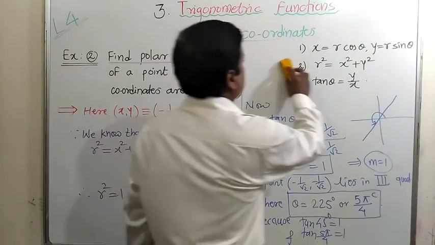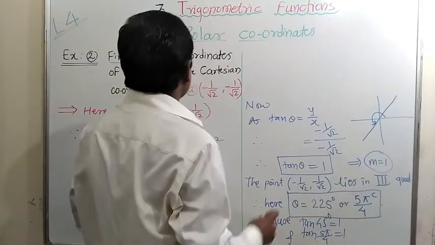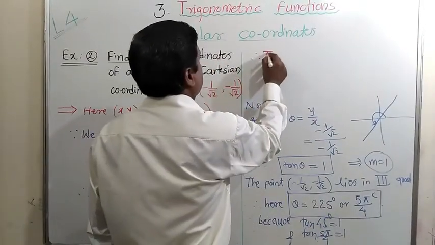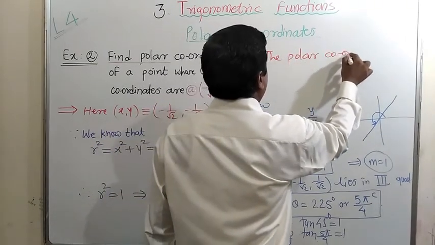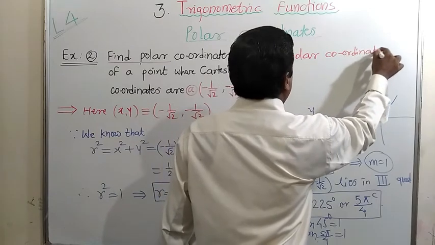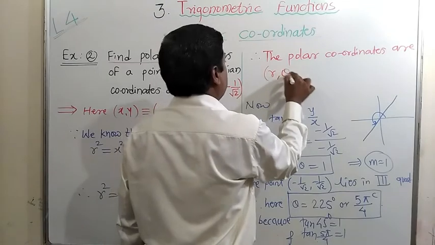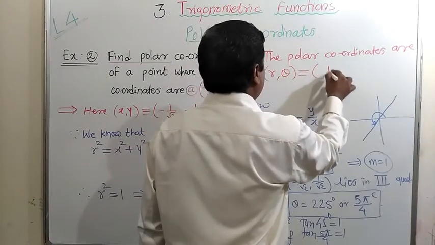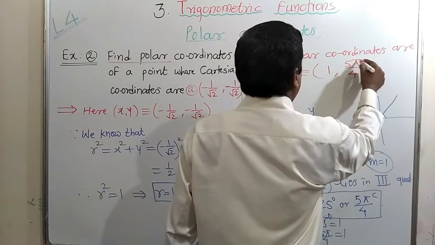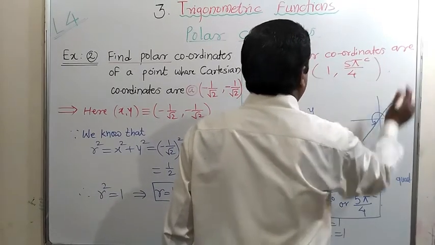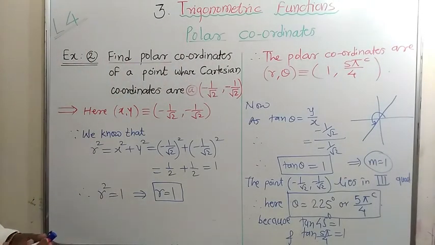Therefore the polar coordinates are r, theta, and those are nothing but 1 and 5 pi by 4 radian. These are the polar coordinates.